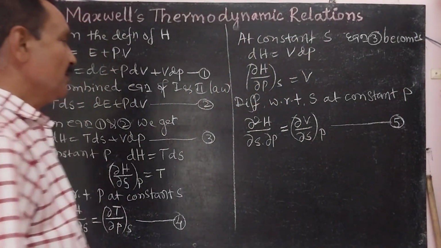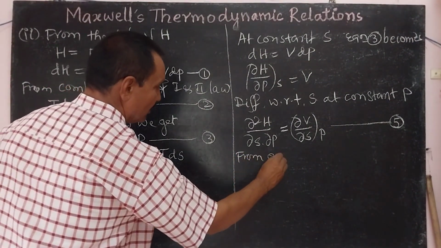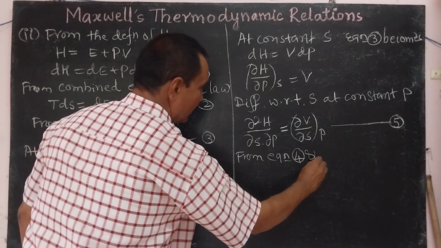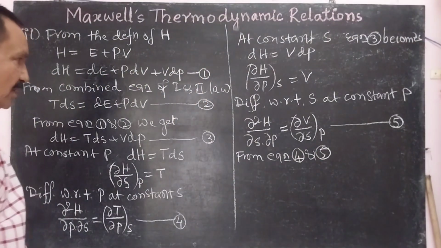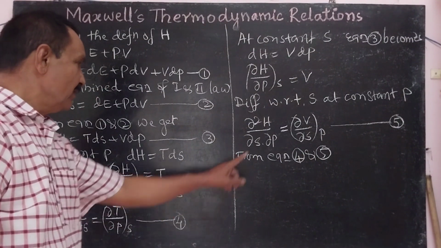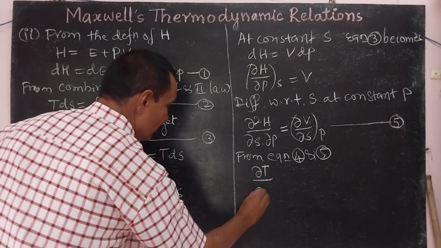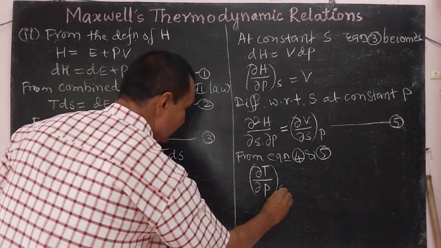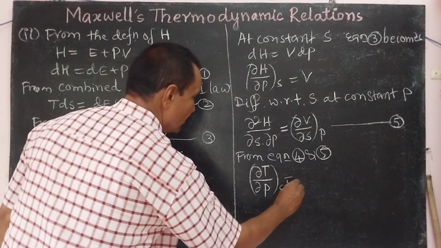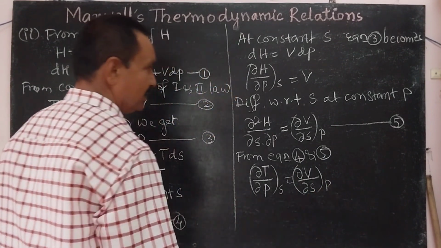From equations 4 and 5, the left hand sides are the same, that is dou square H divided by dou P dou S. Then the right hand sides are the same, that is dou T divided by dou P at constant S is equal to dou V divided by dou S at constant pressure.